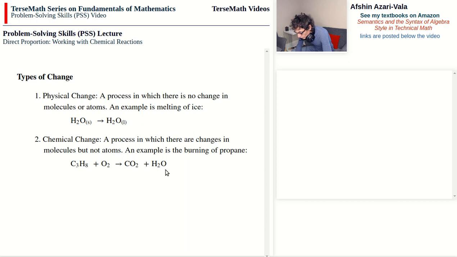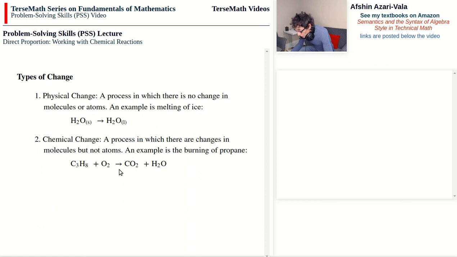And so in order for this not to happen, we have to realize that it's not really 1 molecule of C3H8 that combines with 1 molecule of O2 to generate 1 molecule of CO2 and 1 molecule of H2O. If we try to balance the reaction, and that means making sure that the number of carbons on the left side of the arrow equals the number of carbon atoms on the right.